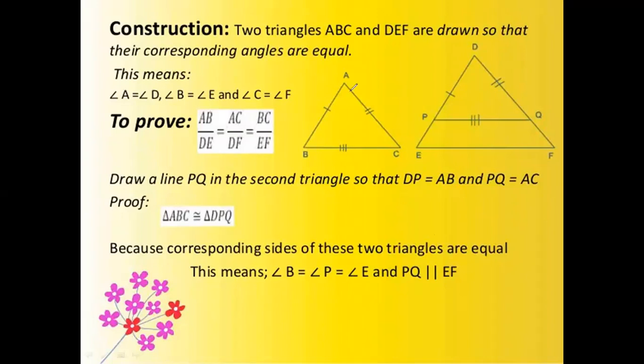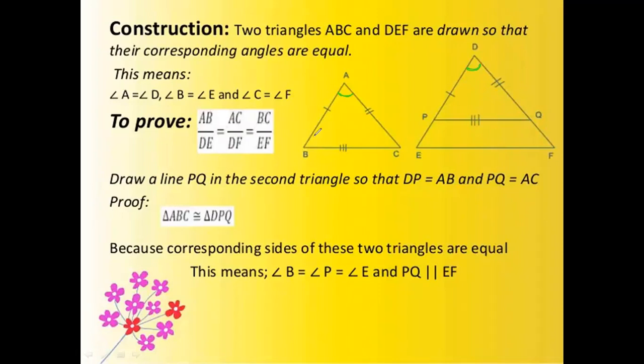That means angle A is equal to angle D, because they are corresponding. So therefore, their angles are equal.